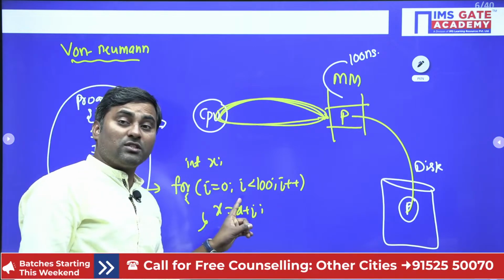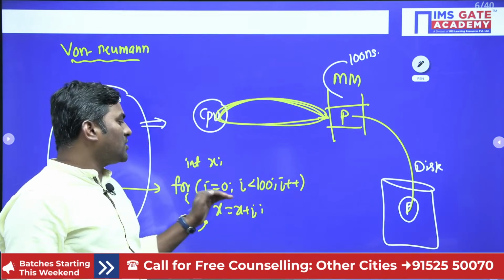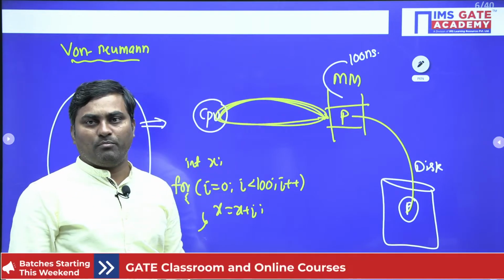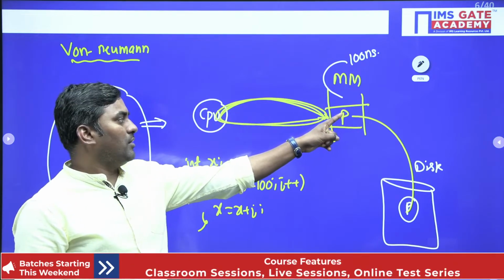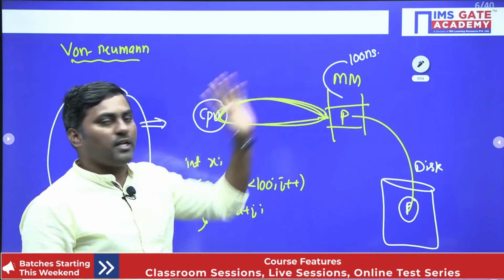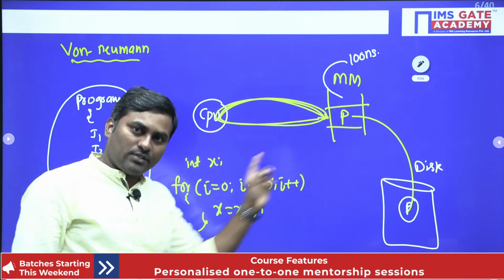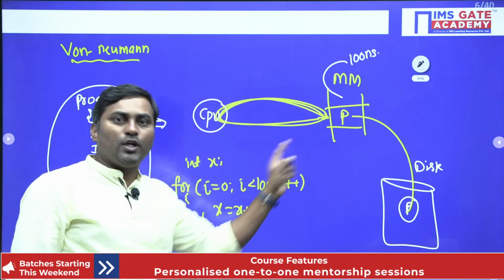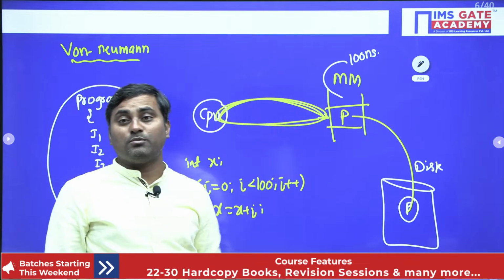But the same instruction will repeat how many times? 100 times. The instruction and data are present in what? Main memory only. When i equal to 0, the CPU will fetch instruction or data from here. So how much time is taken? One access is 100 nanoseconds. So the first time access 100 nanoseconds is required, the second time 200 nanoseconds, the third 300 nanoseconds. So with 100 times repeated, 100 into 100 nanoseconds of time is required to compute.